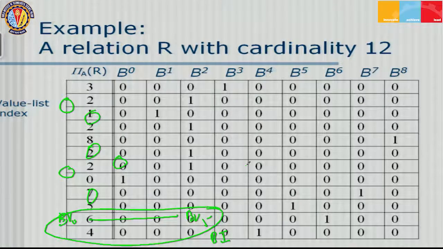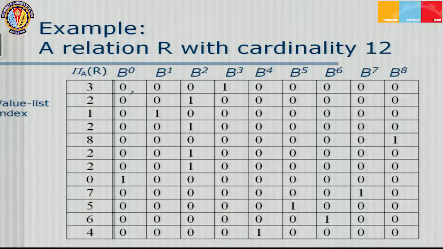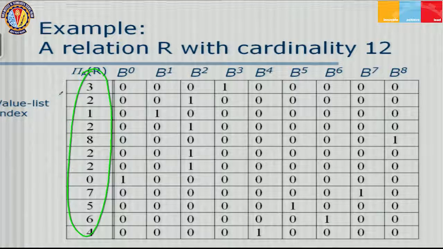I'll continue with some examples. A relation R with cardinality 12, so there are 12 records or 12 tuples in this relation, and there is an attribute A on which I've taken a projection, and the values are shown here. There are 9 distinct values, so I have 9 bit vectors.